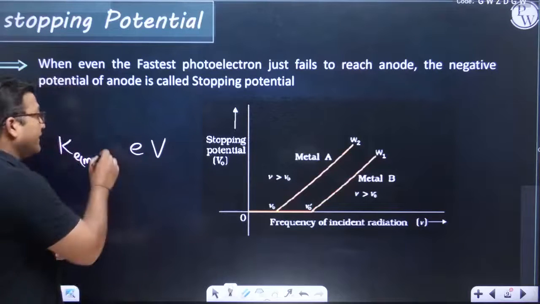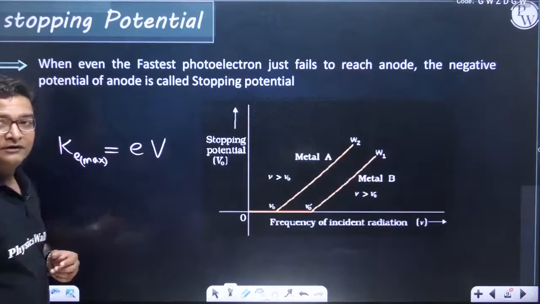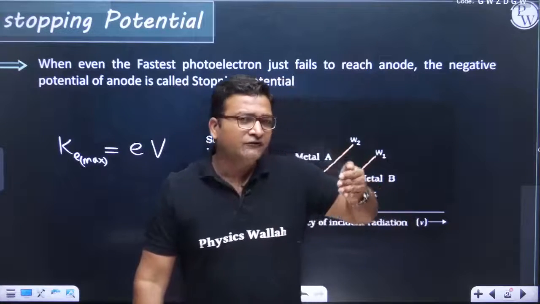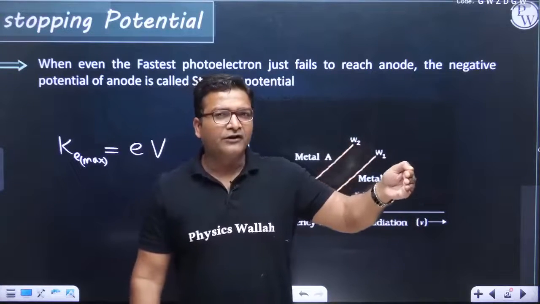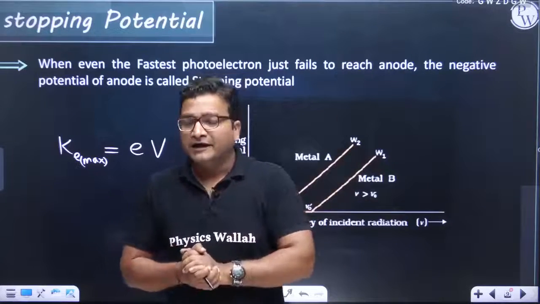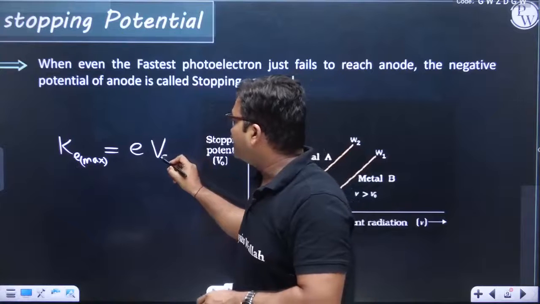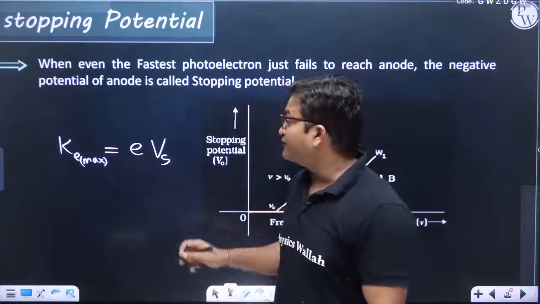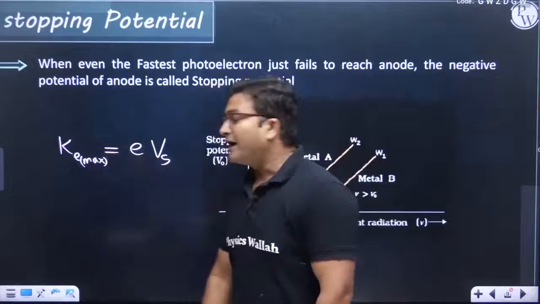If these two are equal, even the fastest electron will just reach very close to anode, but it will not touch anode and will come back to cathode. This is called stopping potential Vs. So you can see stopping potential is proportional to Ke max.